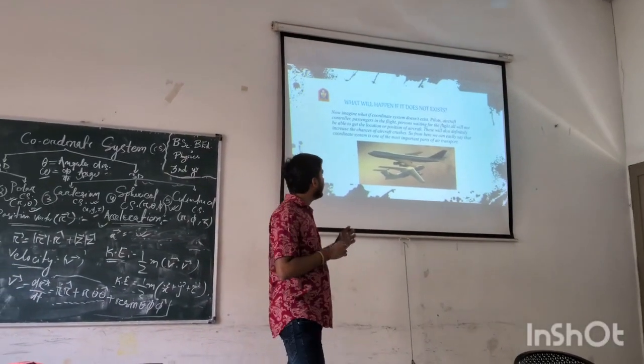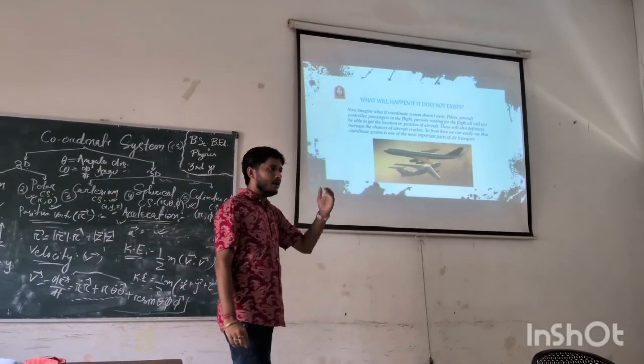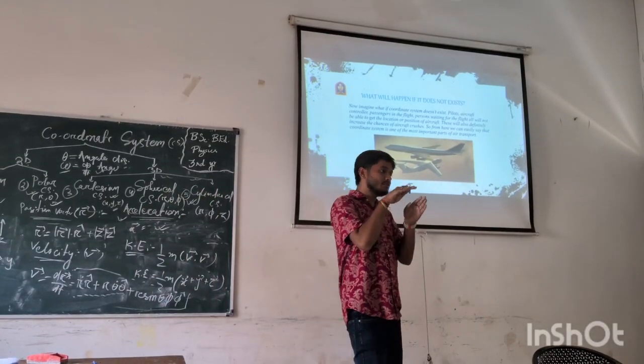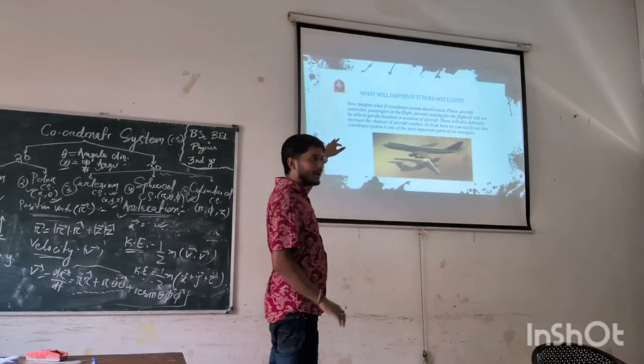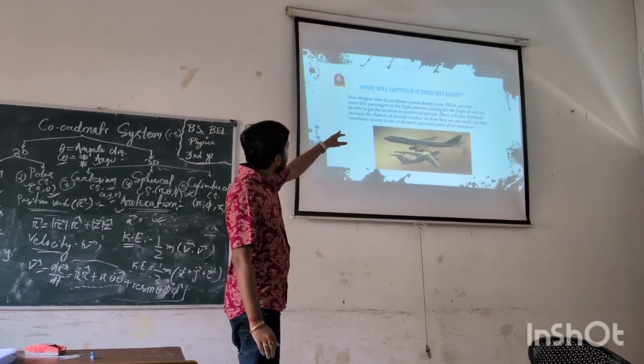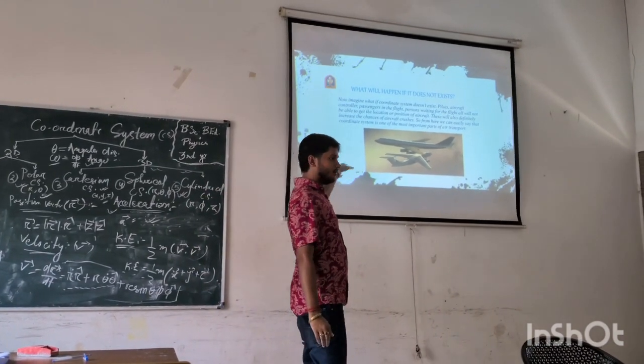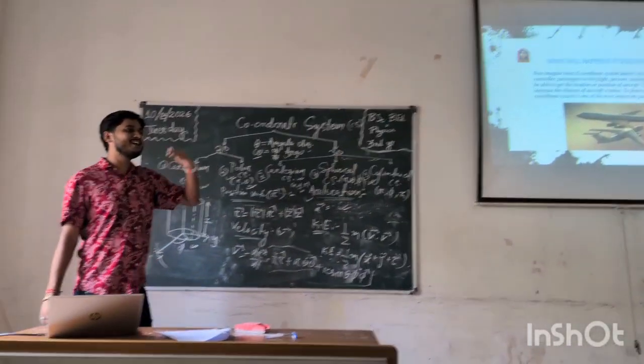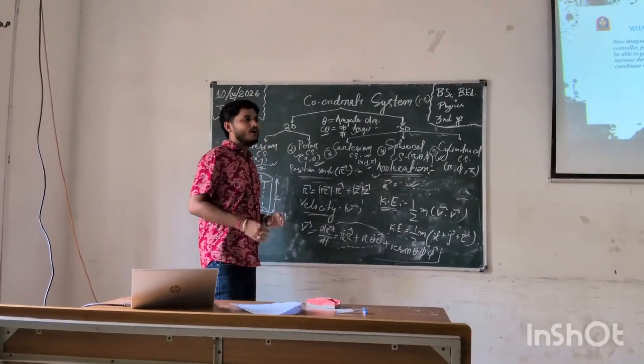The pilot studies the coordinate system to know which path the flight will travel. To get these things, we have to study physics, and in physics, we study coordinate systems.